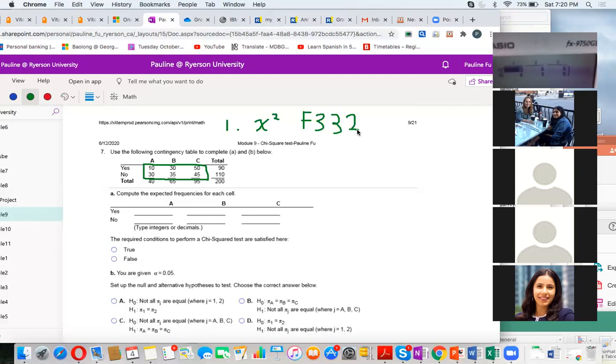And then you enter the data. Between the data, you use the EXE key. The first data is number 10. After number 10, you press EXE, and the cursor goes to the next data. Next data is 30, EXE. Then 50, EXE. 30, EXE. 35, EXE. 45, EXE.